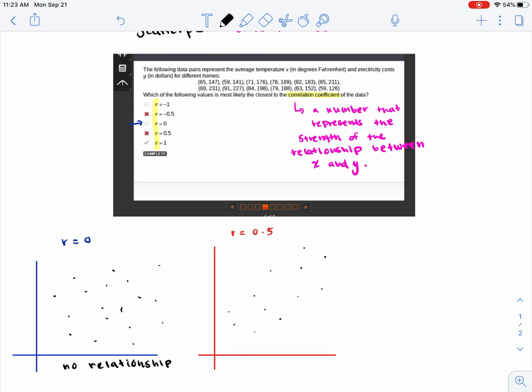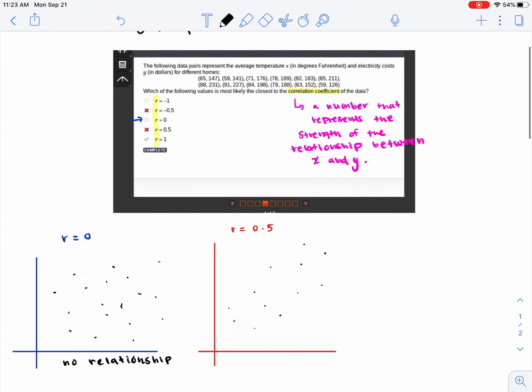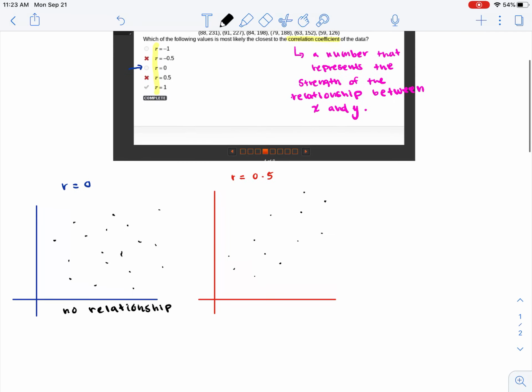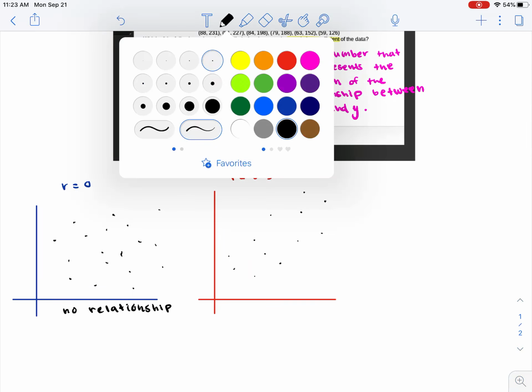So I also see R equals -0.5. Then it would be the same thing, but it would be decreasing. So you'll notice here we're increasing.